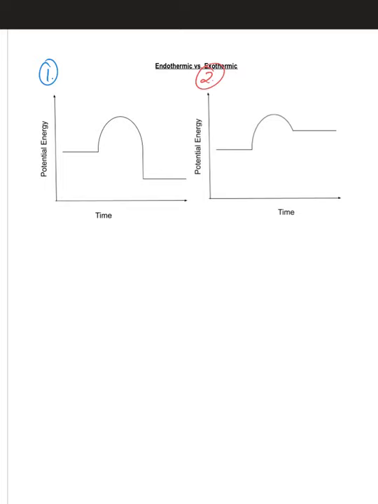And way number one is, here is the potential energy of the reactants. Remember, the bottom line is the potential energy of the products. Well, if the potential energy of the reactants is greater than the potential energy of the products, it is going to be an exothermic reaction.